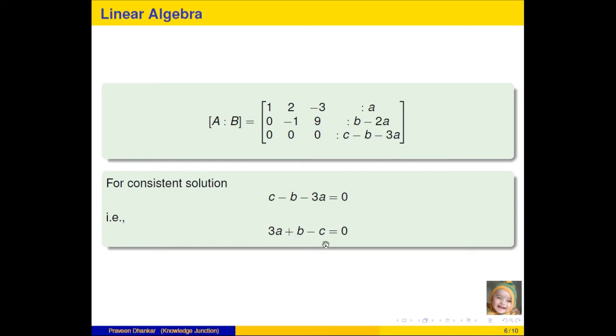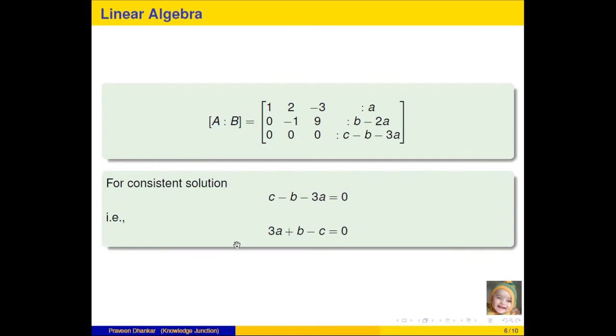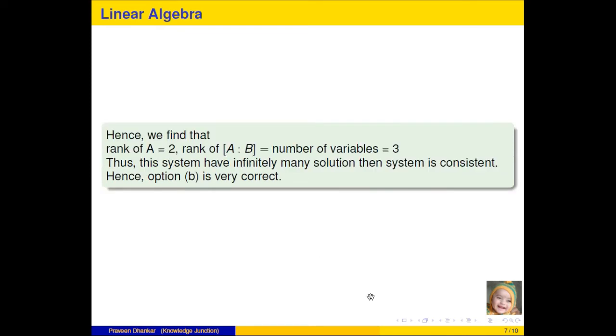So here we find rank of A equal to 2, and if rank of the augmented matrix A|B equals 2 as well, then the system has infinitely many solutions and is consistent. If this becomes 0, then the rank of A and the augmented matrix will be equal. So our option B is correct.